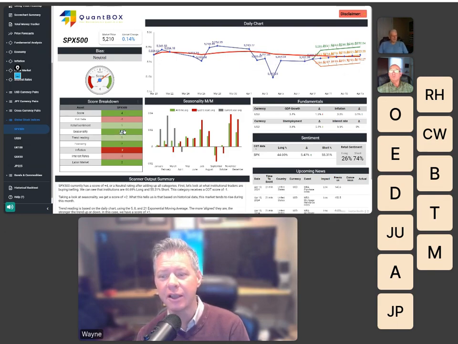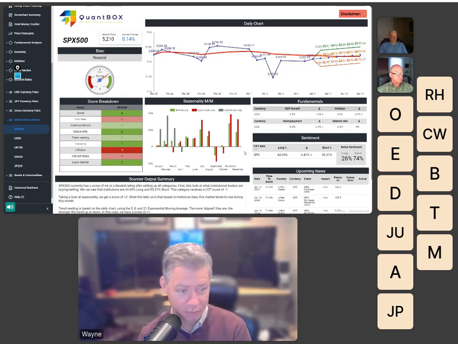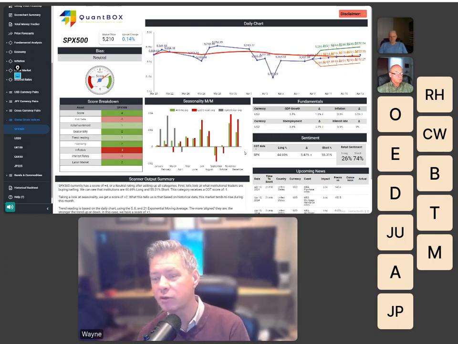I do. Retail's long and institutional investors are nervous. Look at this. Retail's long. Institutional investors are already getting out or hedging. That's where that VIX comes in, by the way. An increase in the VIX is telling you an increase in hedging, which you don't do if you're confident.